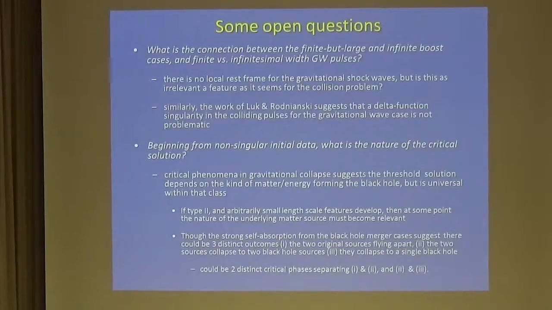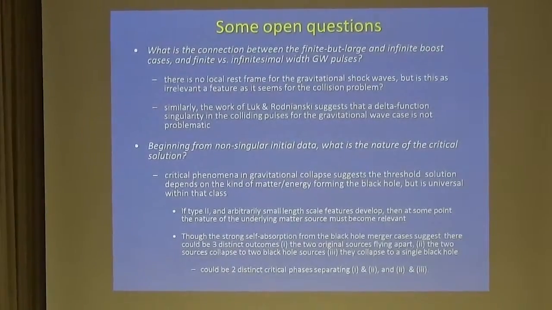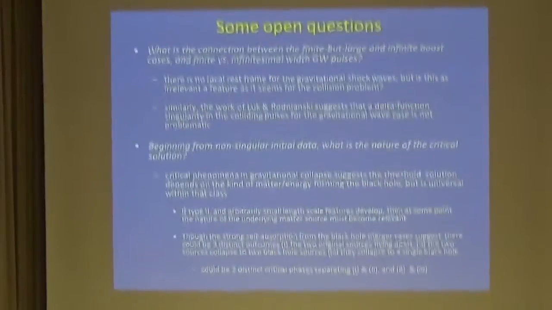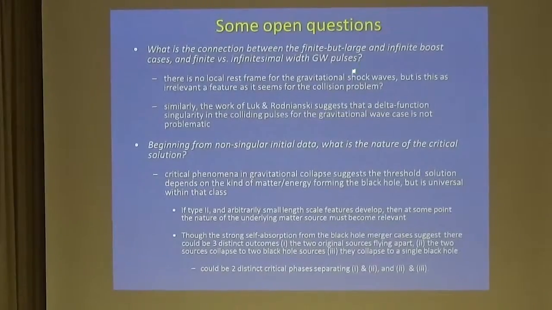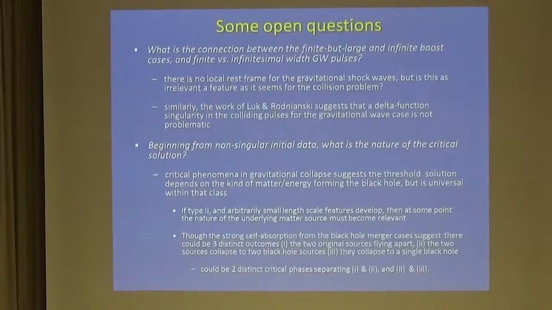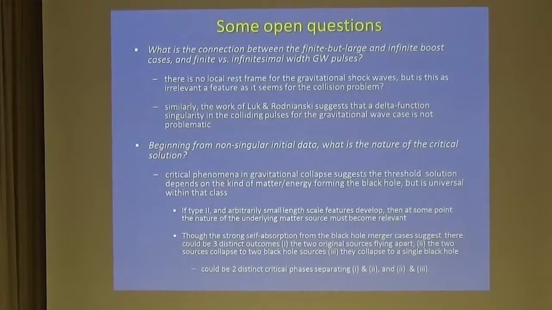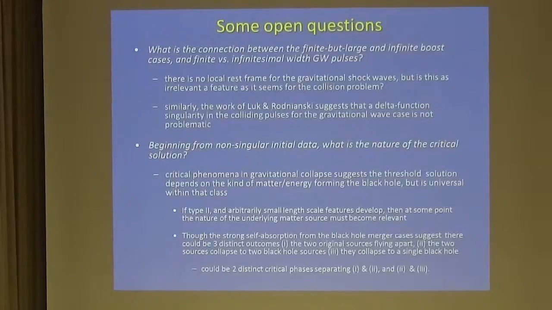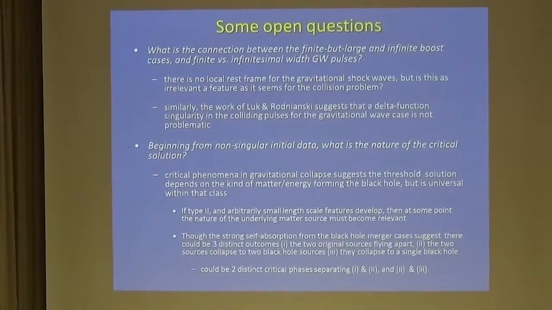But that is a pretty bizarre limit in the sense that once you take it, there's no notion of a rest frame. With this gravitational shock wave, you can't go back to the rest frame. So it seems as if the finite but large boost and infinite boost cases are the same limit, but because they are so different, it would be interesting to see if that's really the case. And it's still an unsolved problem: what happens to the causal future of the collision of two Aichelburg-Sexl solutions that Penrose studied back in the 70s?